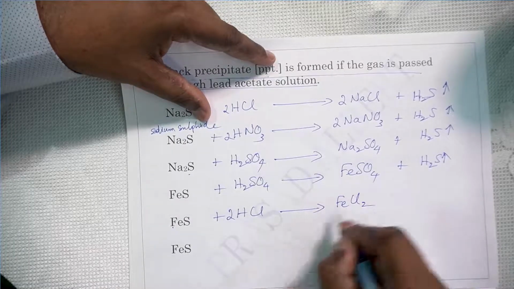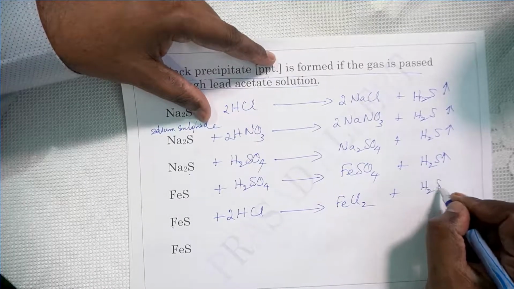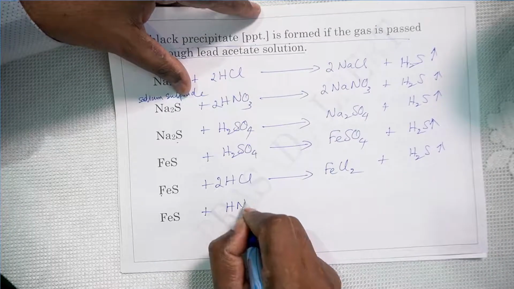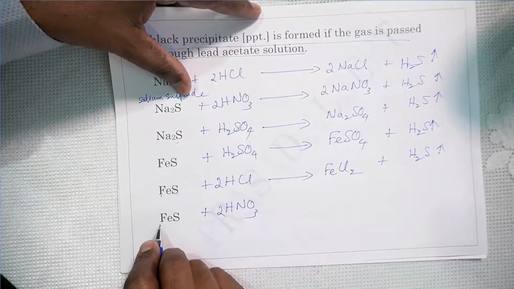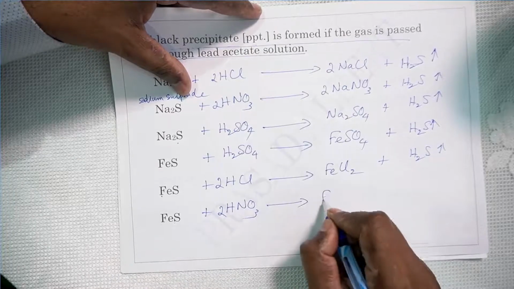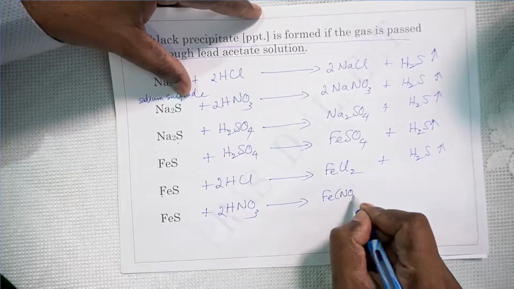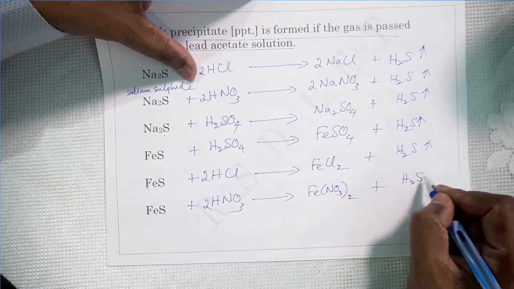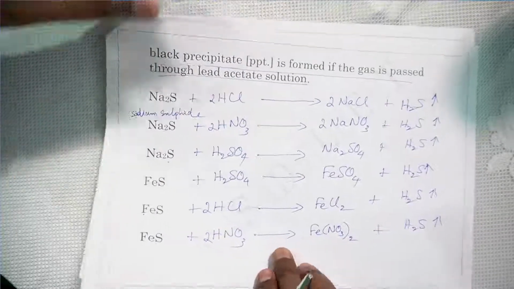FeCl2 will be formed plus H2S. Similarly, if you take HNO3, nitric acid, you will require 2 molecules because it is divalent. So you get Fe(NO3)2. This is the formula. And the remaining is H2S, hydrogen sulfide. Okay.